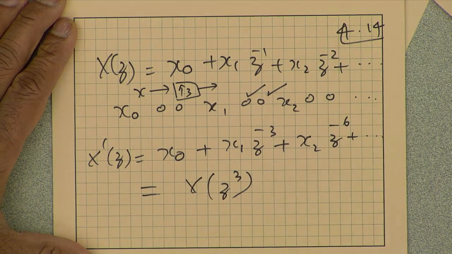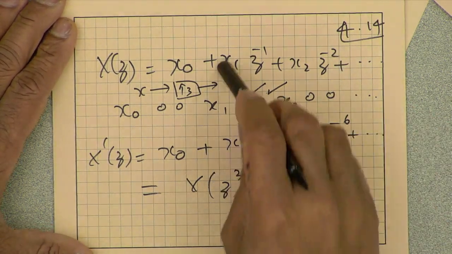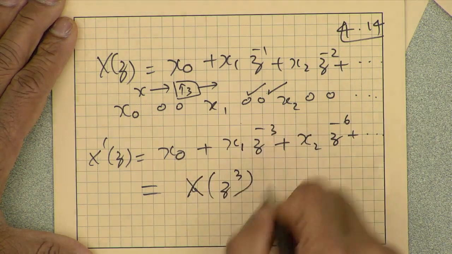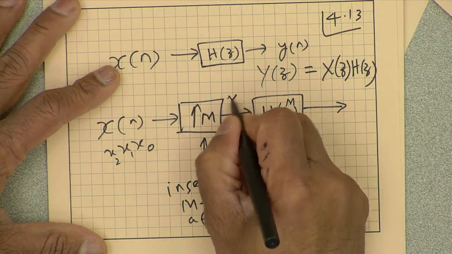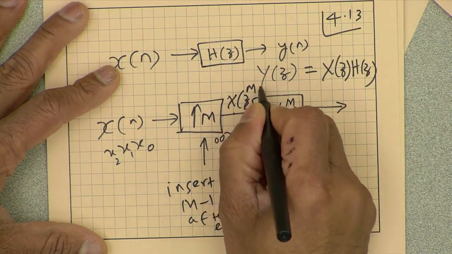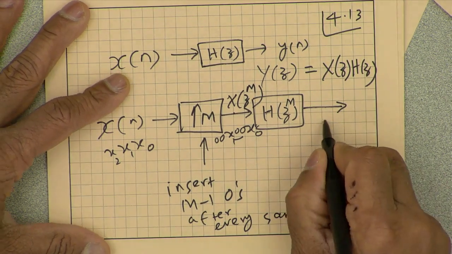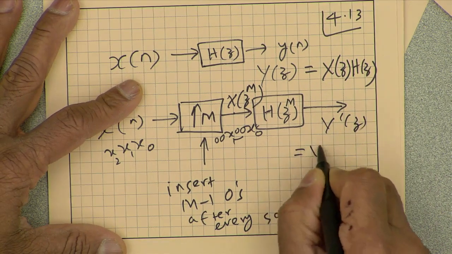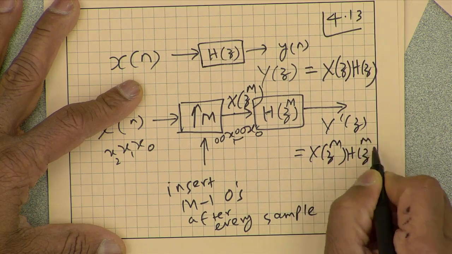So take X(z), and wherever there is a z, replace it by z cubed. That's called an expanded Z transform, which is X(z cubed) if M is 3. In general this Z transform would be X(z to the power M), because of the 0 samples, and then the output Y'(z) will be equal to X(z to the power M) H(z to the power M).